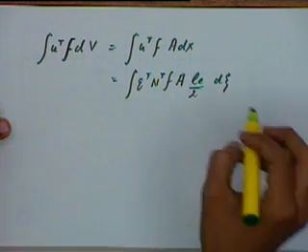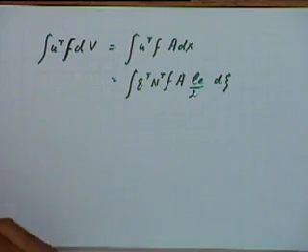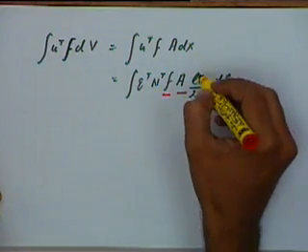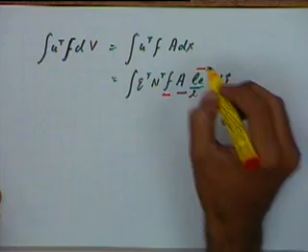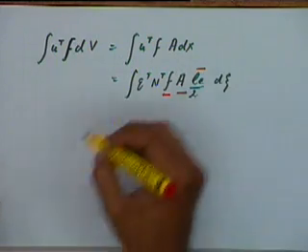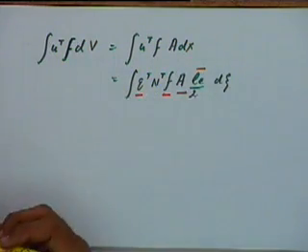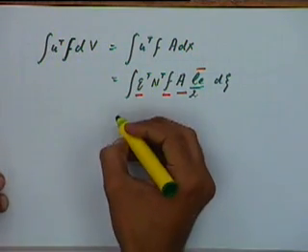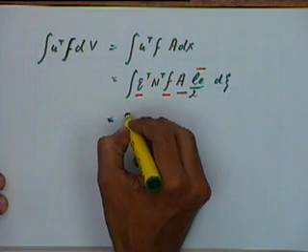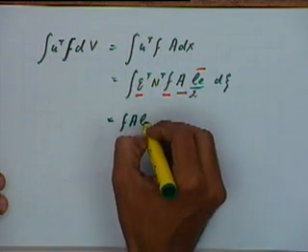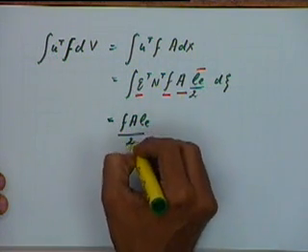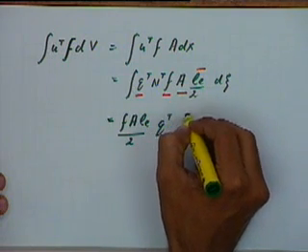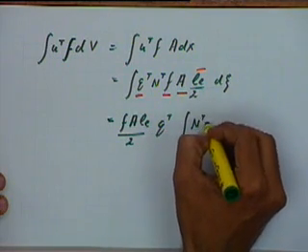Of these, F is a constant, A is a constant, length is a constant. All these terms I will take them out, and of course Q transpose is also a constant. So, if I take these terms out, I will get this will be equal to F A LE by 2 into Q transpose into integral of n transpose d zeta.